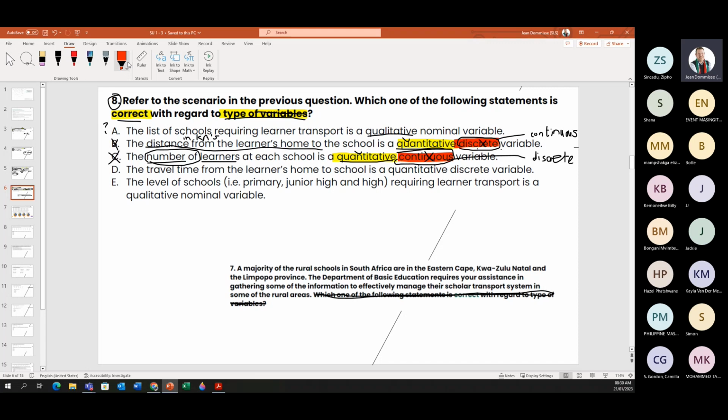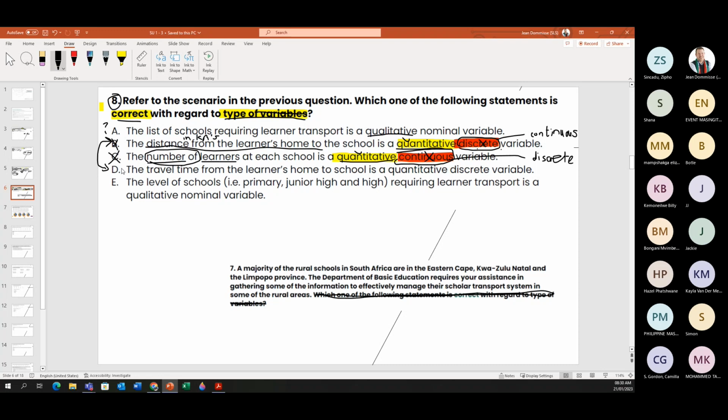So again, it's very important in the exam to see which is where, because half of it is correct and the other half is incorrect. Okay, so let's look at the travel time from the learner's home to school. Okay, so that is very similar.